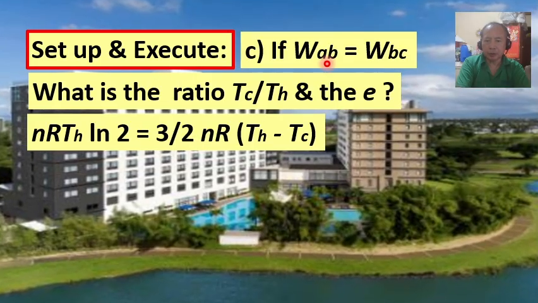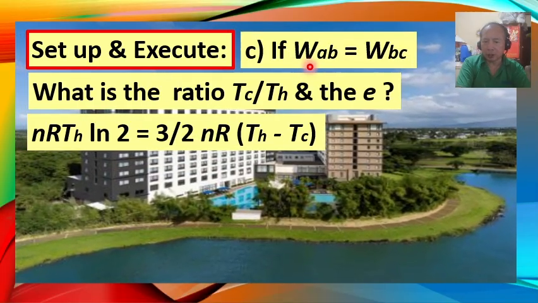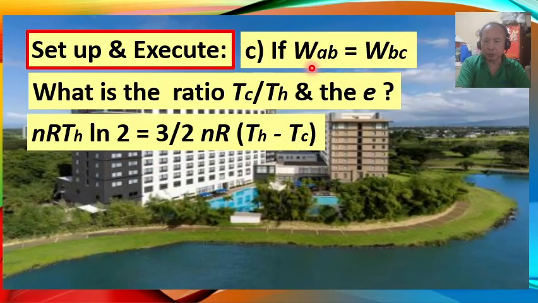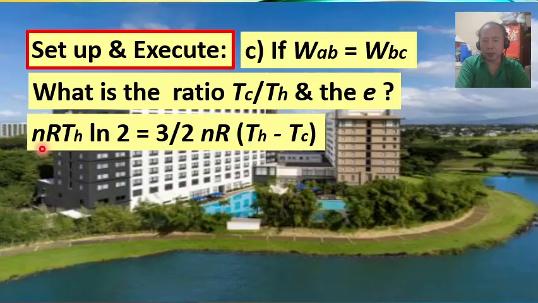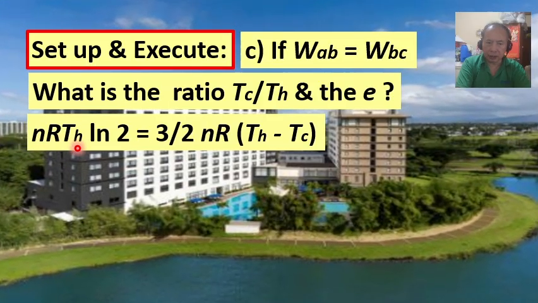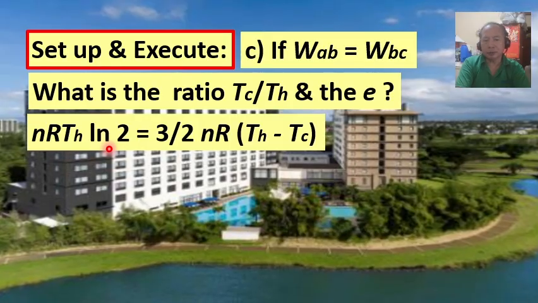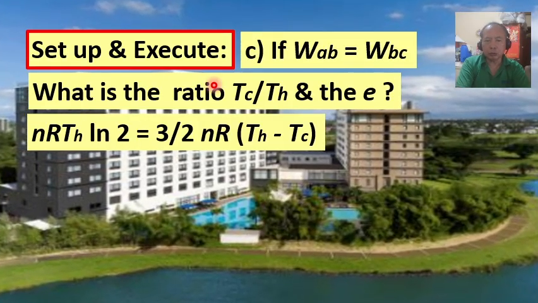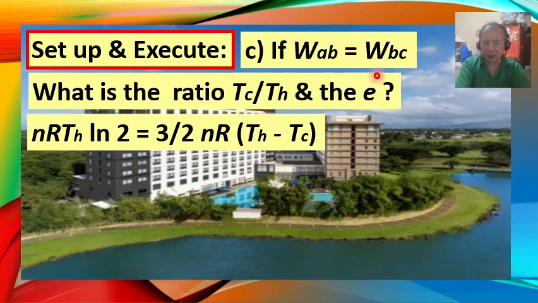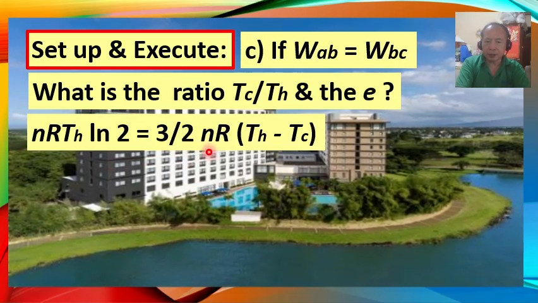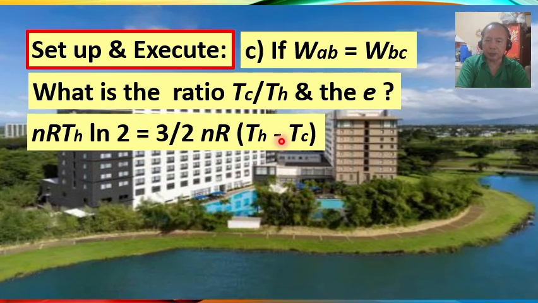So we just use the expression for each work done. For W_AB, that is equal to the product of nR Th and the natural log, or ln 2. And for the work done W_BC, it's equal to 3 halves times n times R quantity Th minus Tc.